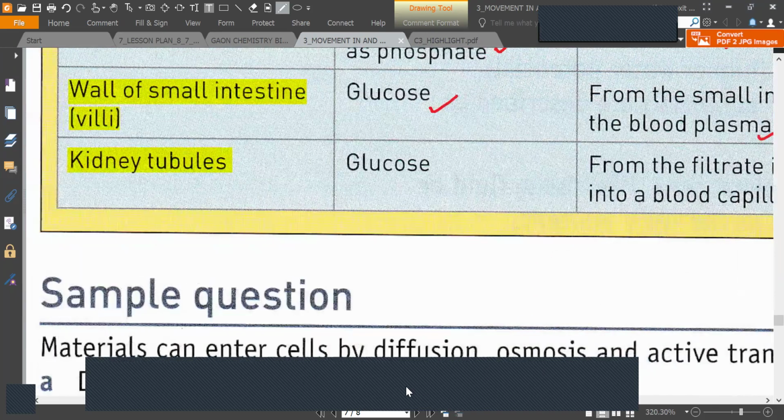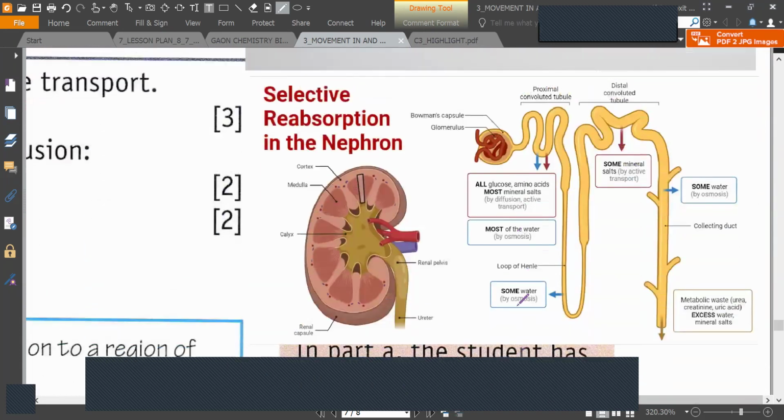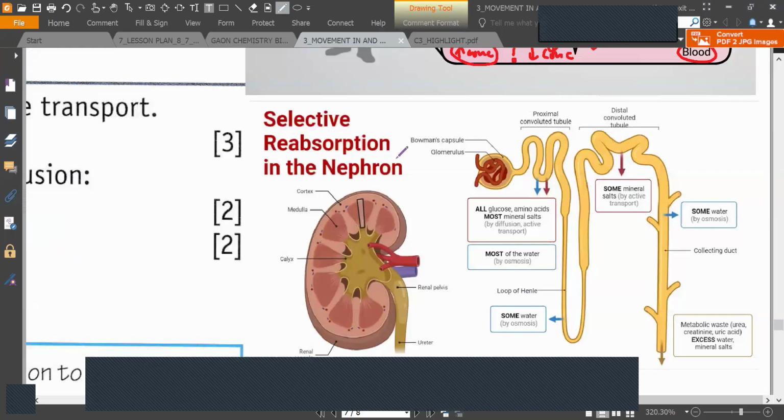Next, kidney tubules. We will learn more about this in later chapters, but just briefly, this is our kidney. The function of the kidney is to filter: remove what we don't want, like urea, and keep what we want, for example glucose.